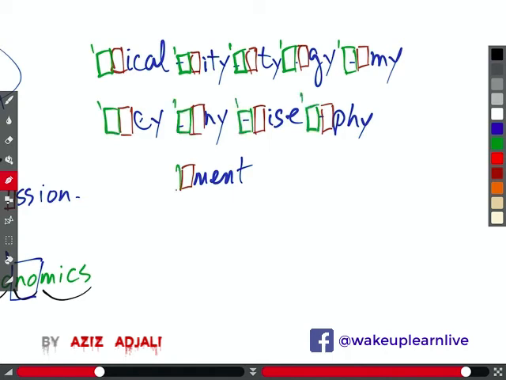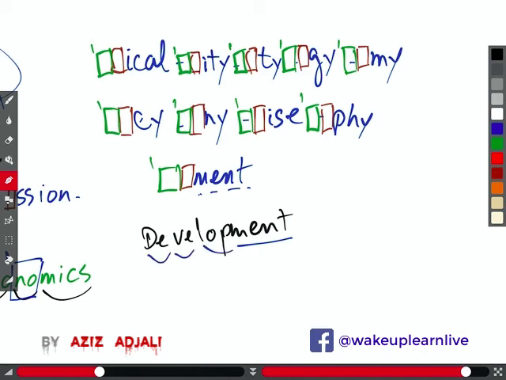Okay, let's give examples. For example, if I have the word development, as we see, it ends with ment. So we should go and see the syllables. First we divide the syllables. So we have development.